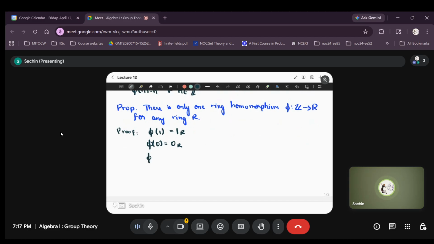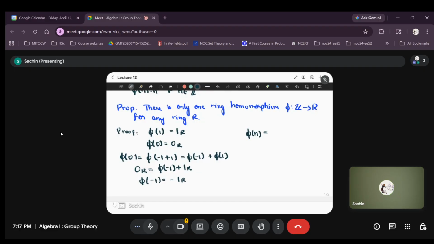Then phi of minus 1 plus 1 is phi of minus 1 plus phi of 1, but it's also equal to phi of 0. So 0 R is equal to phi of minus 1 plus 1 R. So phi of minus 1 is equal to minus 1 R. Now this completely determines phi of n for any integer n.